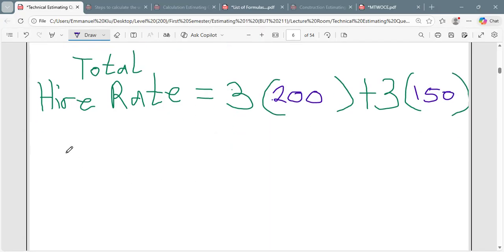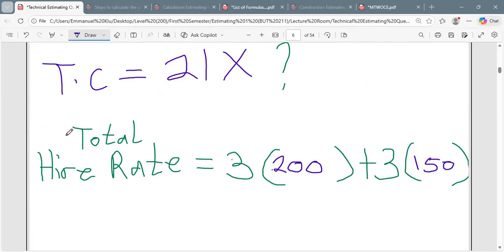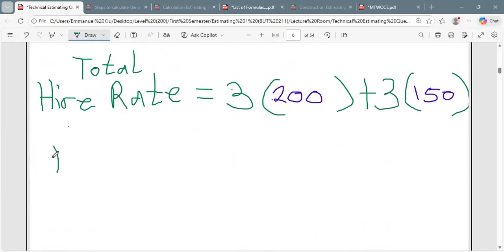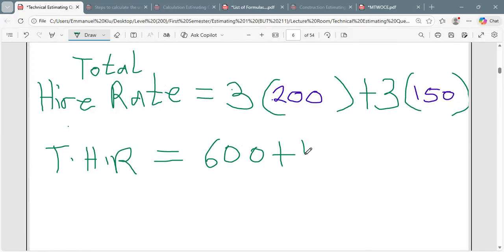So at the end of the day, our total hire rate is going to become 600 plus 450.